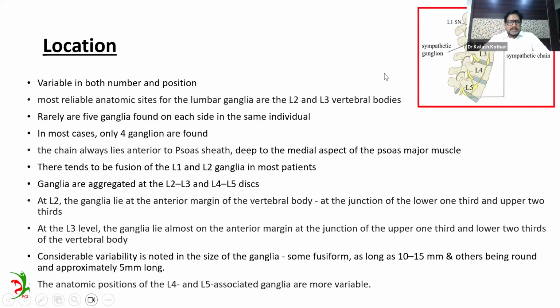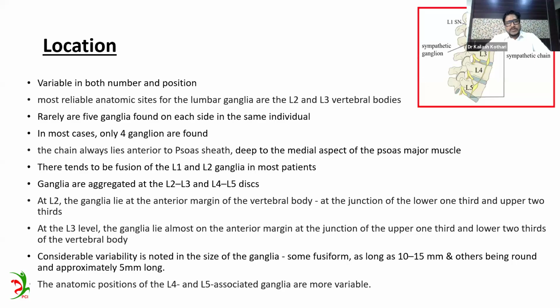And there is considerable variability in the size of the ganglion because of the fusion of different ganglia. They may be as long as 10 to 15 millimeter, and others can be only 5 millimeter long. So you might have to do multiple lesioning: at the placement of the needle, just above it and just below it.